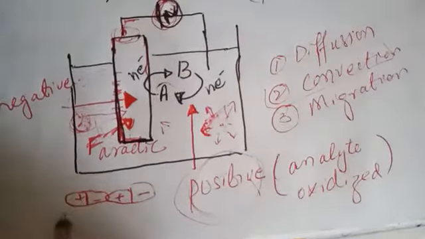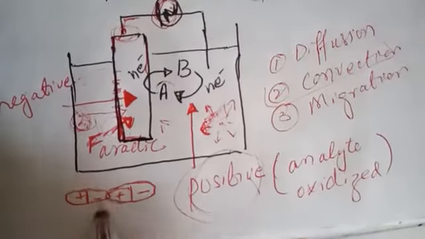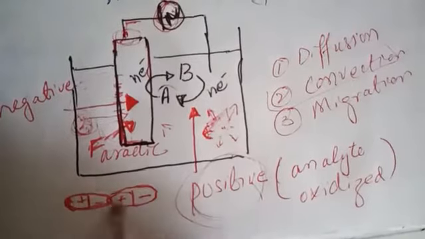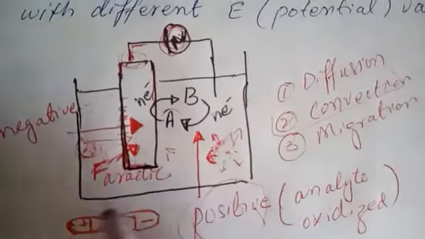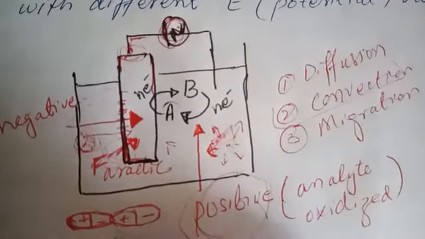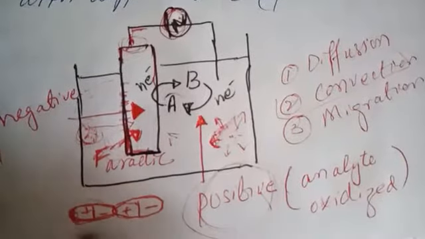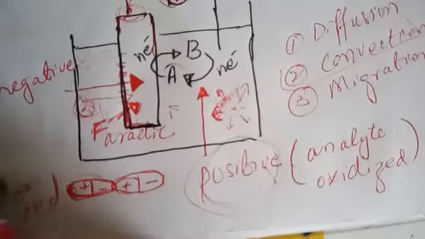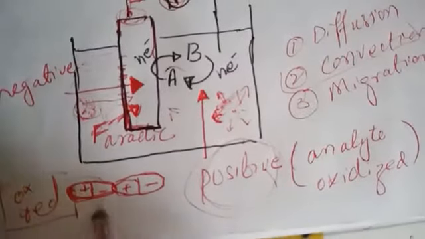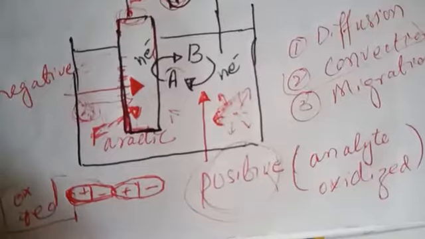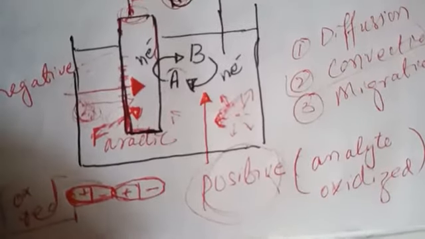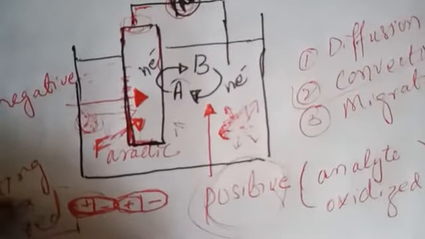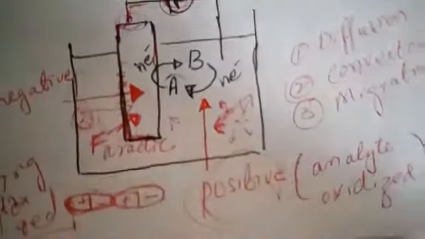This high concentration of supporting electrolyte is not involved in the faradaic process or the interfacial charge transfer process, and it is not oxidized or reduced when an external potential is applied to the system. So the supporting electrolyte can reduce three processes.